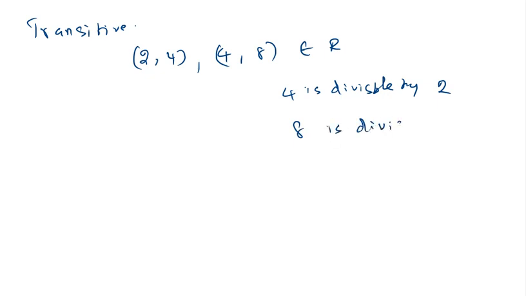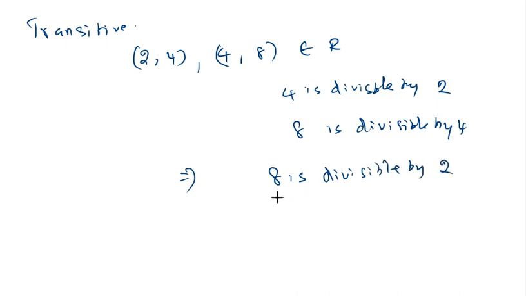So when we conclude, 8 is divisible by 2 also. So 8 is y and x is 2: 8 is divisible by 2. This implies 2 comma 8 is also part of the relation. So it is transitive.